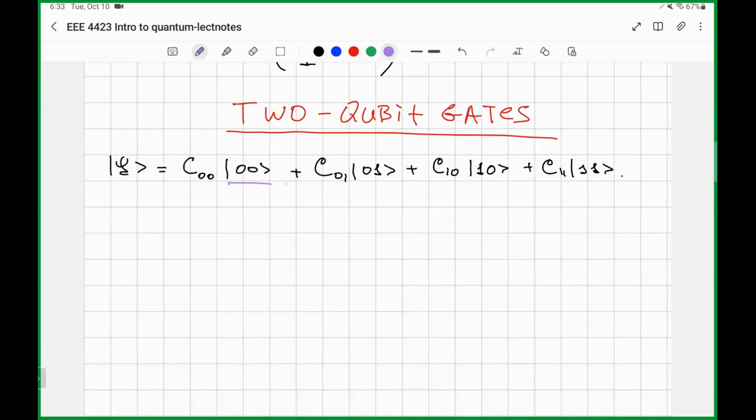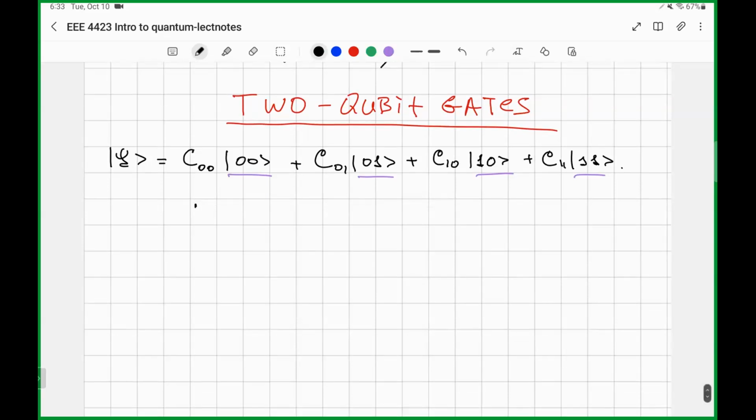These vectors, again, are the basis vectors in the 4-dimensional Hilbert space. The way we write things like this is basically the tensor product of state 0, state 0. This is the 2-qubit system.